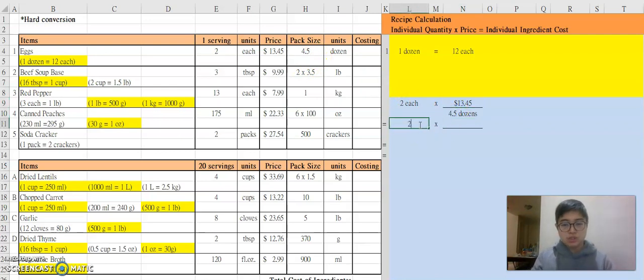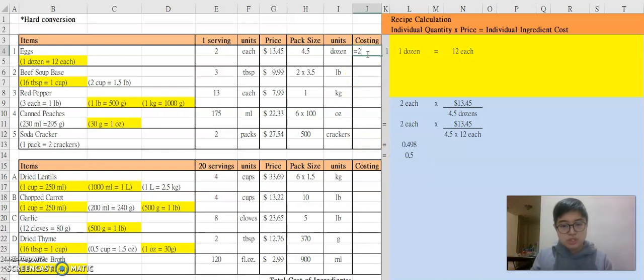And then for this calculation, 2 each times 13.45, because 4.5 dozens need to change to each so that we can cross out. 1 dozen equals 12 each. So this one is 4.5 times 12 each, and each crosses out, and the answer should be 0.498, and to 2 decimal places 0.50.